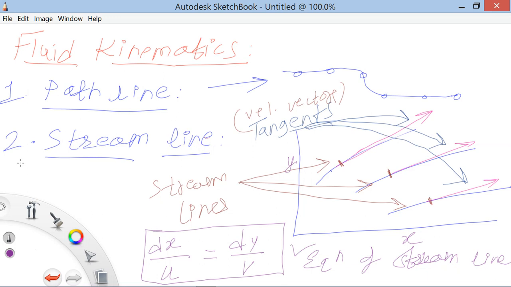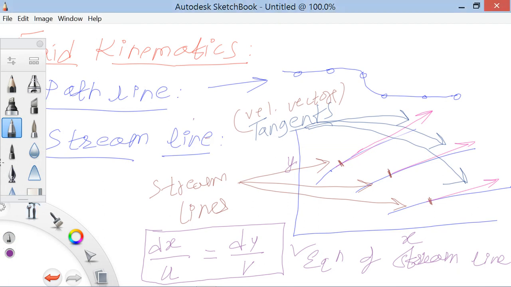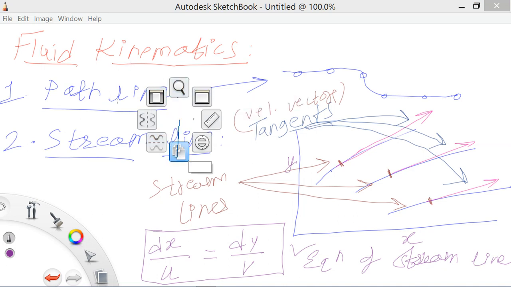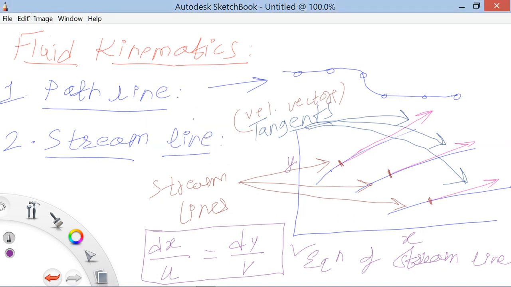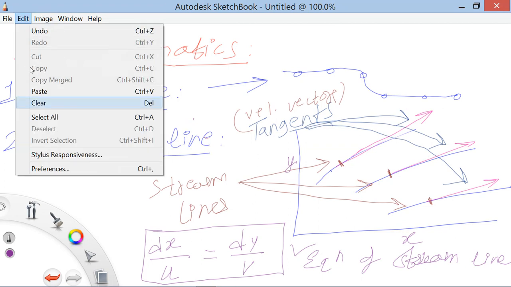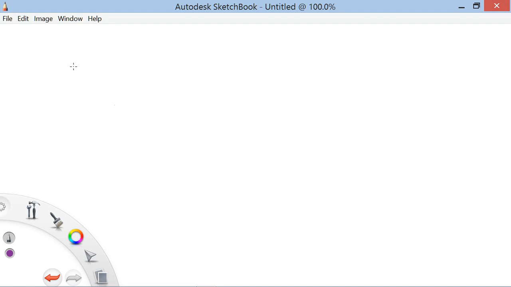Now the next thing that we are going to see is the streak line. So the next definition we are going to see is for the streak line.